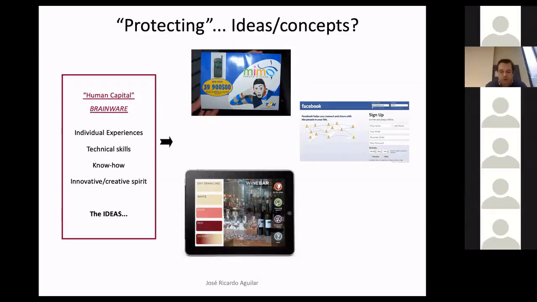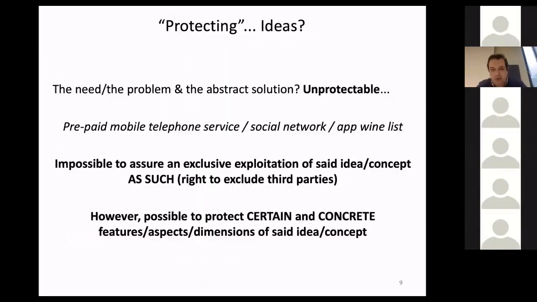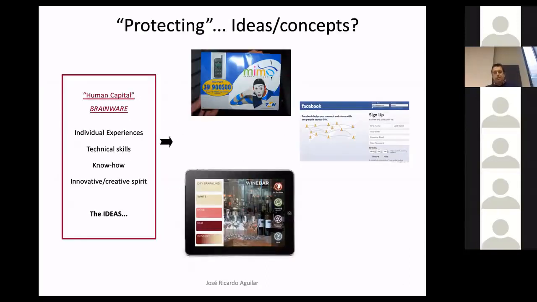What we can do, in fact, is that we can protect certain and concrete features, aspects, dimensions of a given idea or concept. And getting back to them, when we see the first case, we have clearly here technicalities, and they can be protected using one single IP right, and you'll see them afterwards.